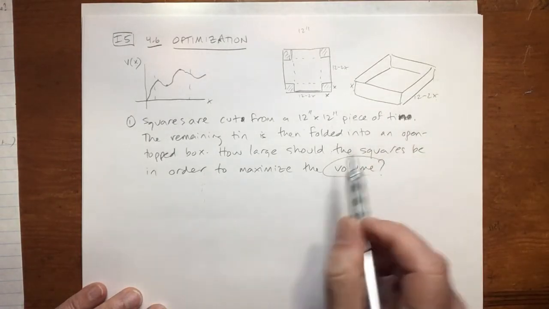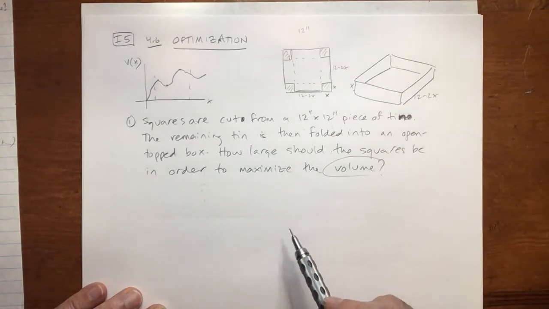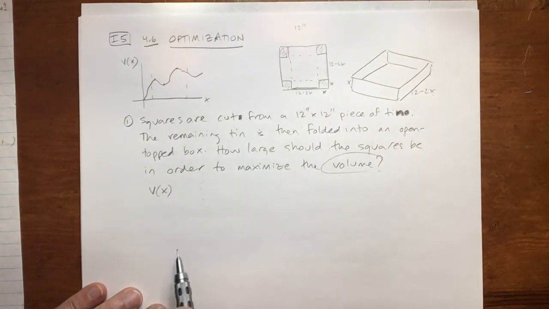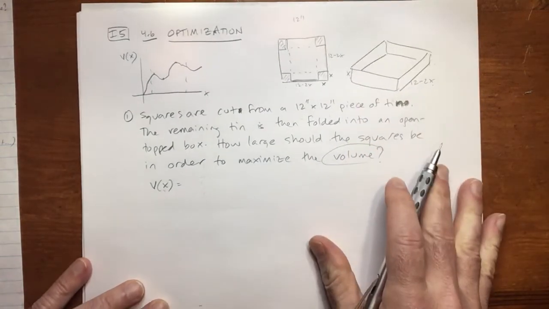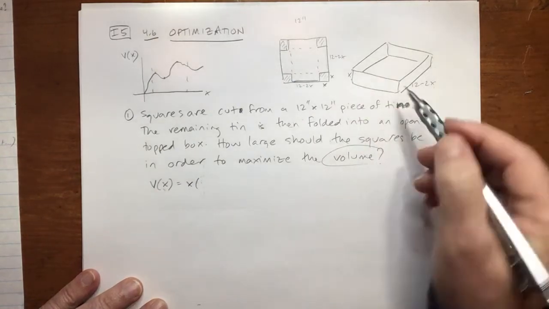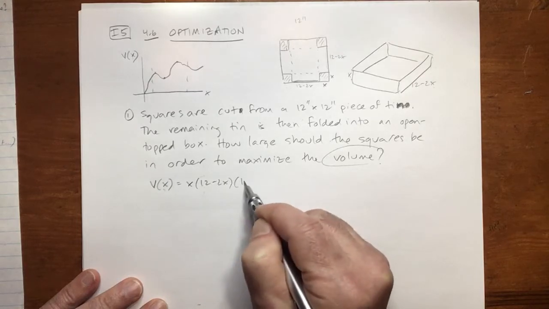Okay, and so the volume of a prism is just the base area times the height. And so the volume of our open top box, and it's a function of x, will be the height, I'll do that one first, times the area of that square base, which is 12 minus 2x squared, but I'll write it like this.